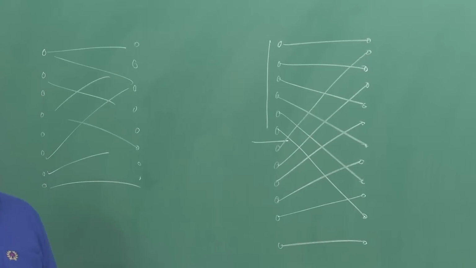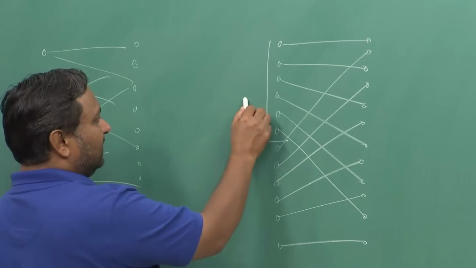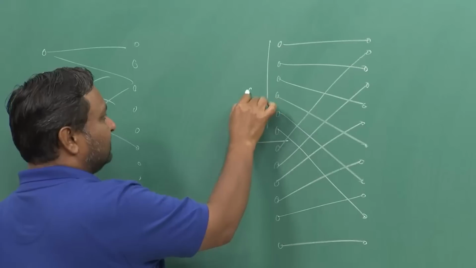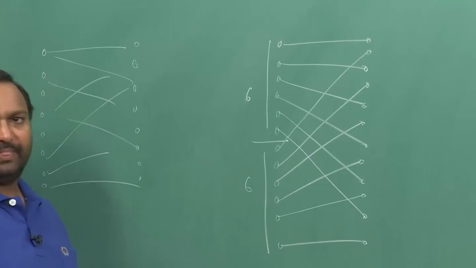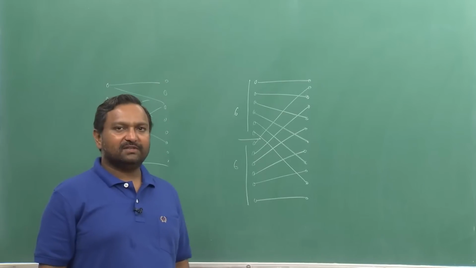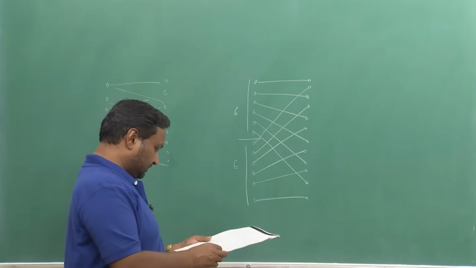That is the shuffle interconnection. I have created 2 batches of 6 objects and shuffled them together. So it is a binary shuffle created for 12 objects.